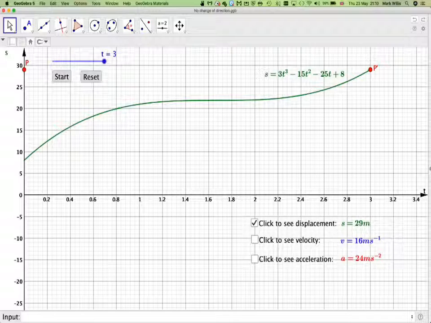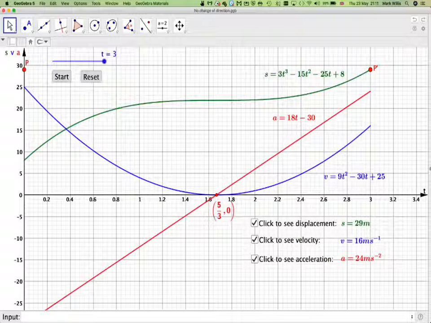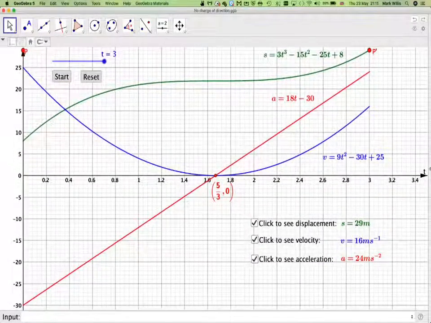Okay, if we put the velocity graph on, we can see here at the repeated root, this is where the velocity of the particle is momentarily equal to 0. And here we can see the acceleration starting off being negative. Let me move it up slightly, there you go.